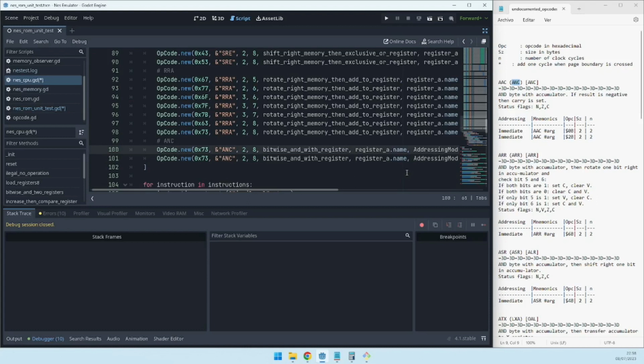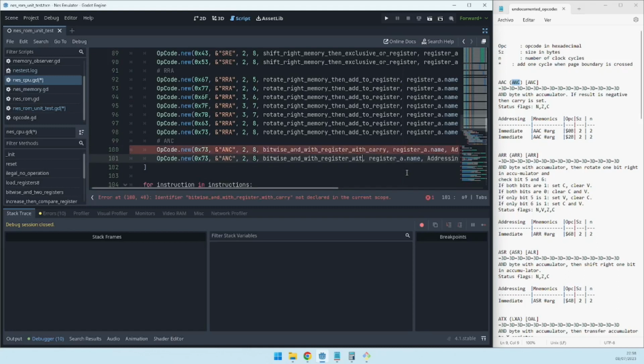So it's bitwise with register with carry. That is the difference. Okay, I understand. So it is 0B and 2B. 2 bytes, 2 cycles.